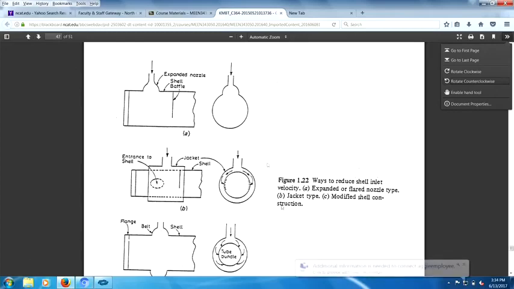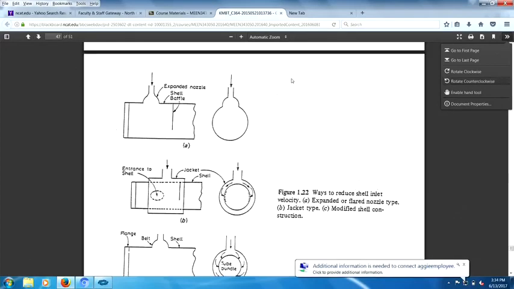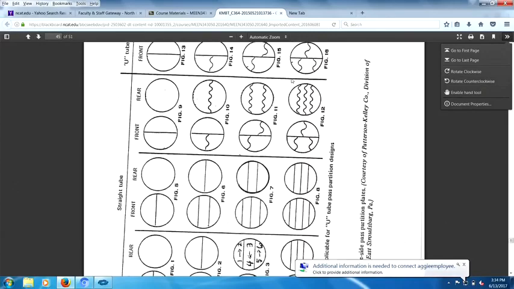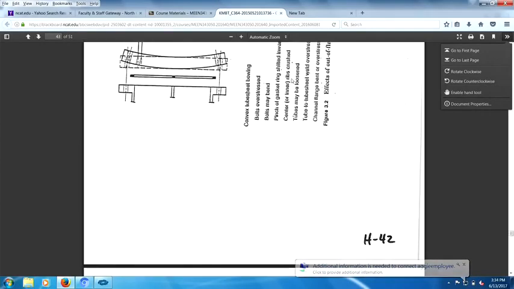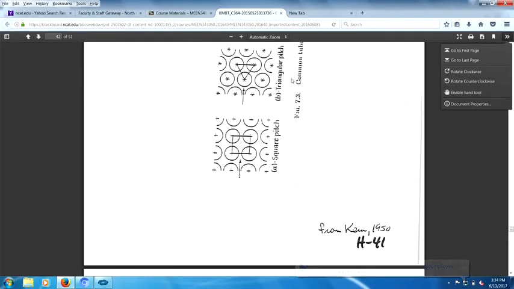Flared nozzles, modified shell contrast. There you go. So we took care of that. We said several ways of solving tube vibrations, and then we're going to do several ways of reducing the cause of tube vibrations.